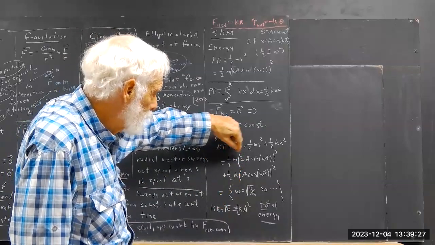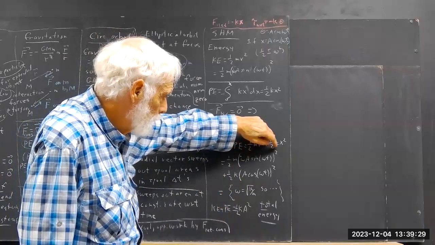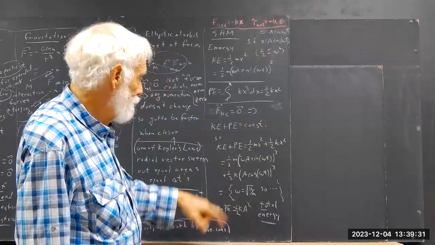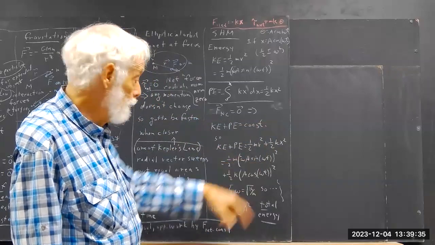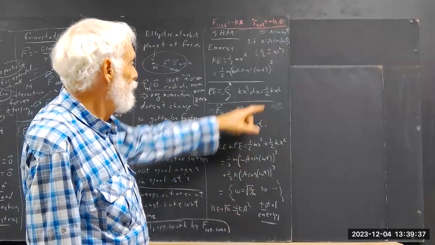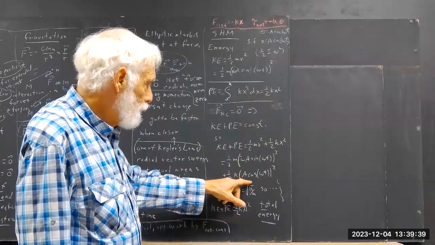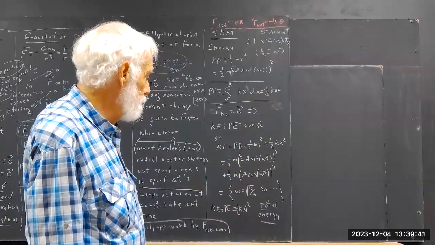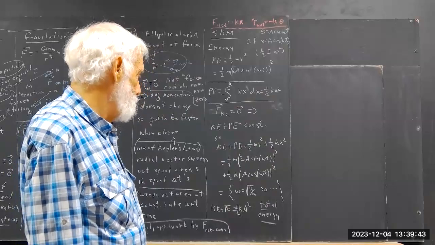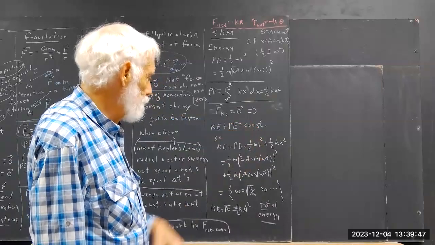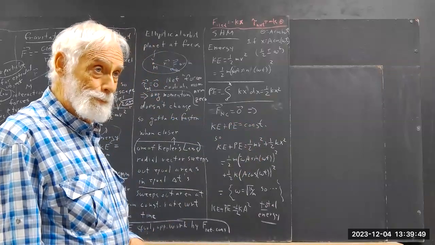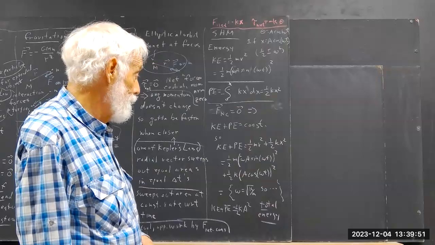It's going to be this with the sine of omega t squared. That's what you get for the kinetic energy, because this is your velocity. And for the potential energy, it's x, which is A cosine of omega t, squared. You're going to have a sine squared and a cosine squared, right? From all this.